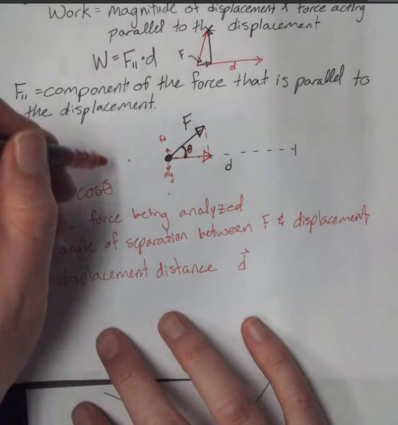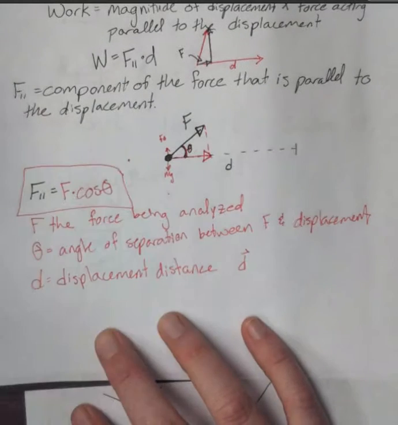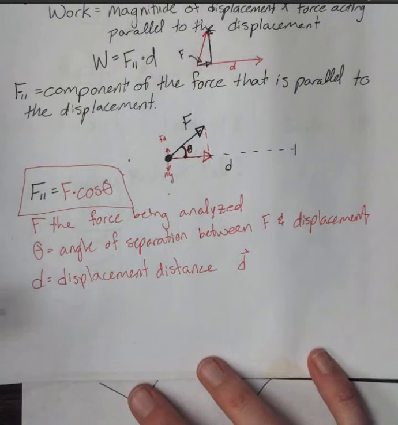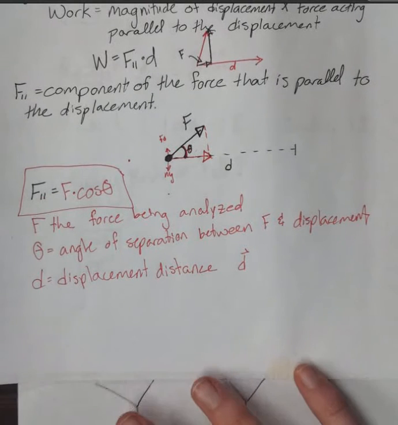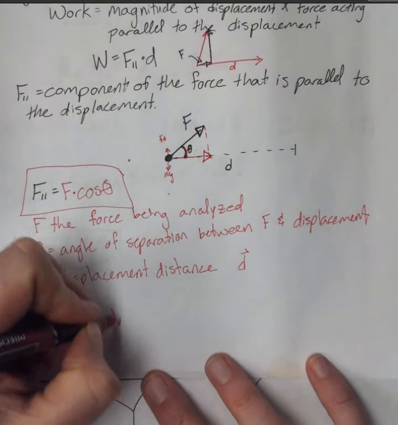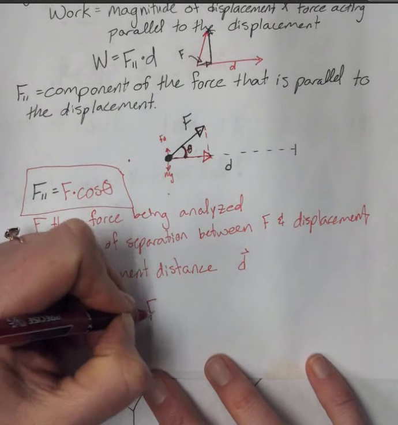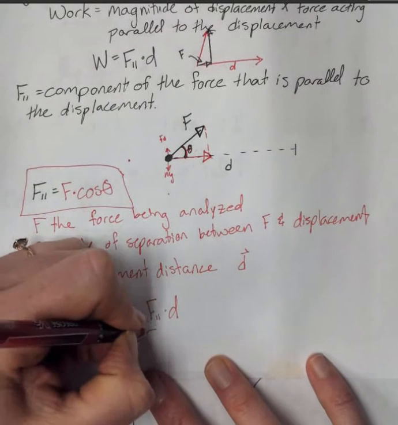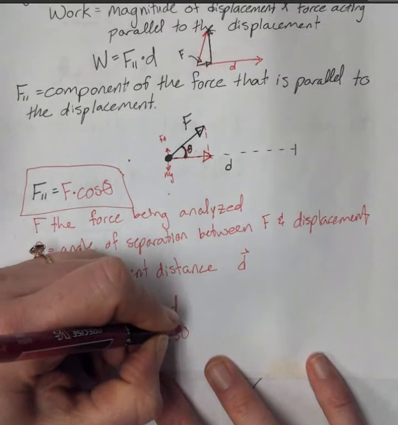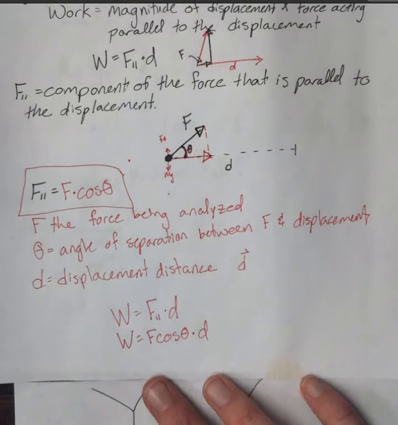This equation right here will always be true. For any situation, the parallel force will always equal F cosine theta. So that means that if work equals the parallel force times distance, then work equals F cosine theta times d. And that is our work equation.